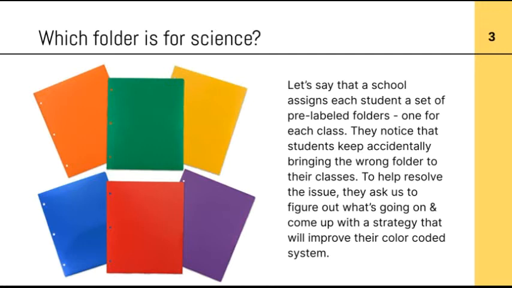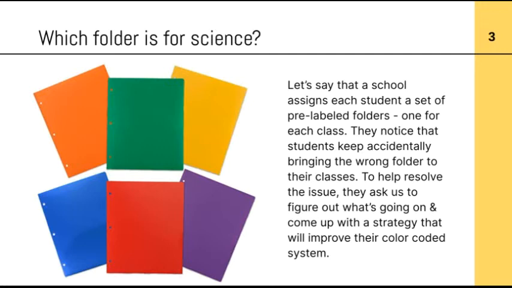So let's say hypothetically that a school assigns each student a set of folders. They're pre-labeled, one for each class, and they notice that students keep accidentally bringing the wrong folder to their classes. So to help resolve this issue, they ask us to figure out what's going on and to come up with some strategies that will improve their color-coded system.